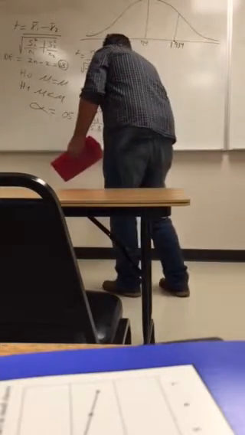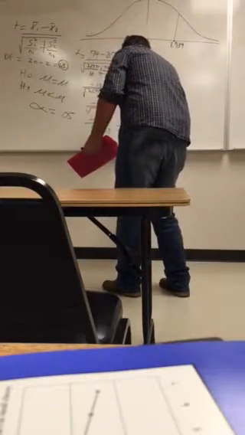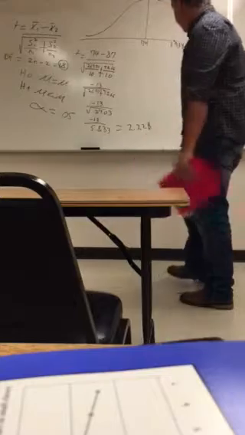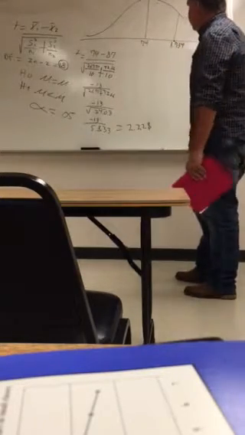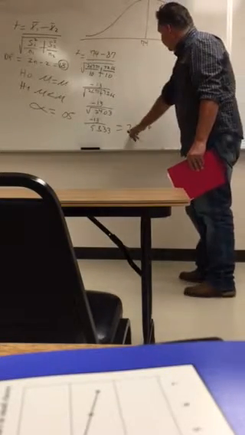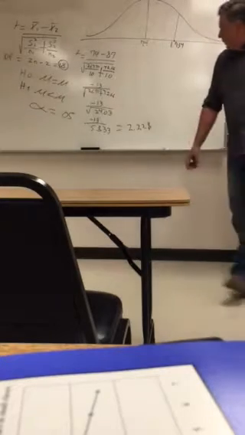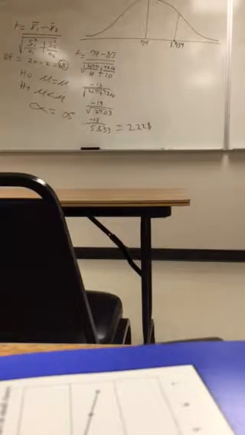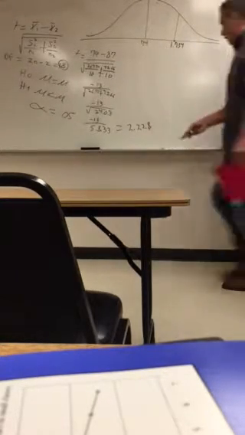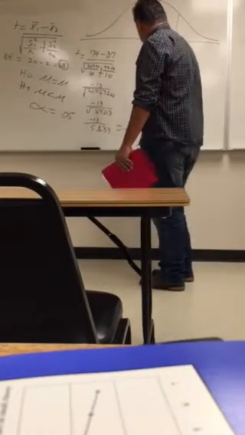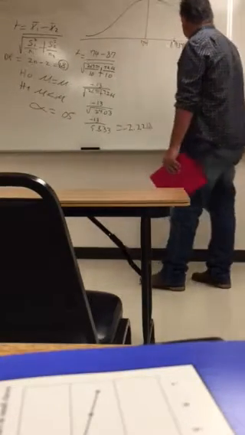So I'll get 2.228. Now, that is my t-value. So my t-value is, actually I think it's negative. It is negative 2.228. So it's going to be a negative number of 2.228.